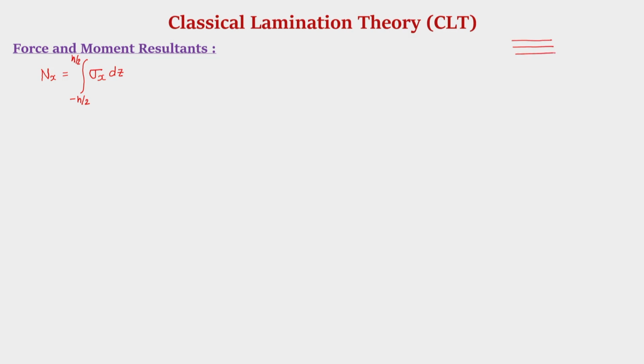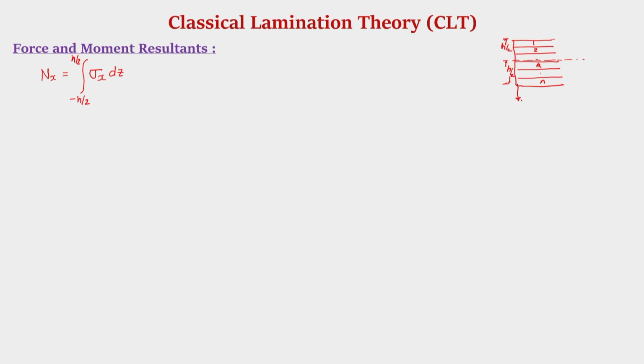Suppose we have n number of layers, 1, 2, like this, k, there are n number of layers. And this is the reference surface, and the total thickness is h, with h by 2 on each side.